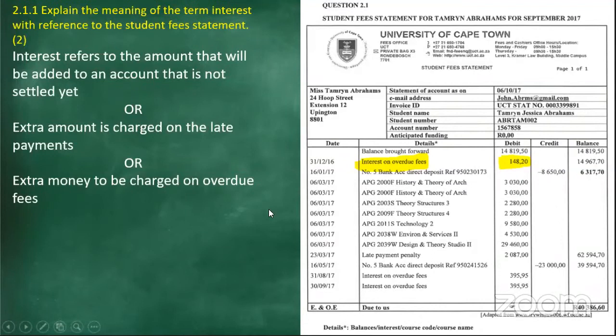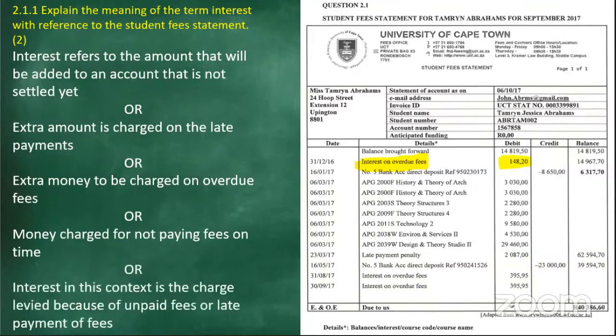Or interest in this context is the charge levied because of unpaid fees or late payment of fees. So it's really literally here, as long as you referred to what is happening in context. Interest is the additional amount charged on the current fee for the student that didn't pay on time. Yes, Nipo, that is also correct, as long as it's within the context.